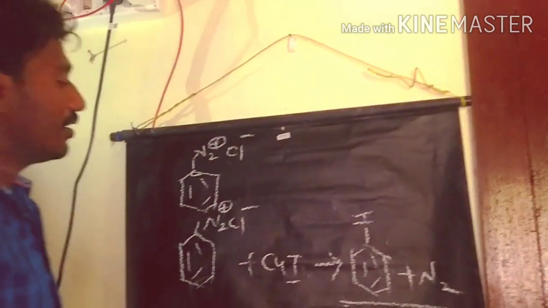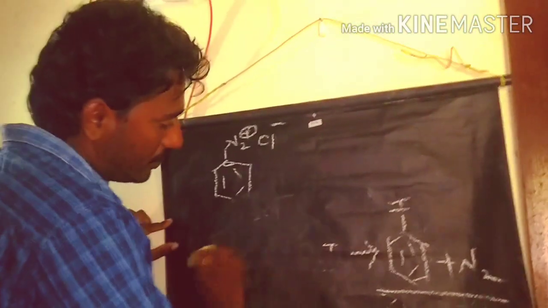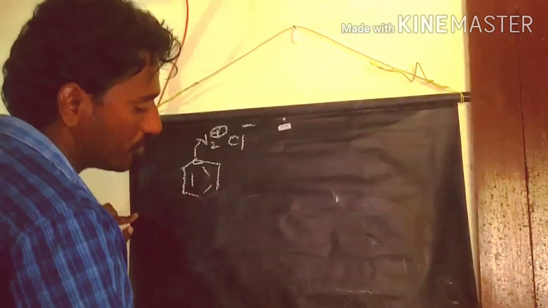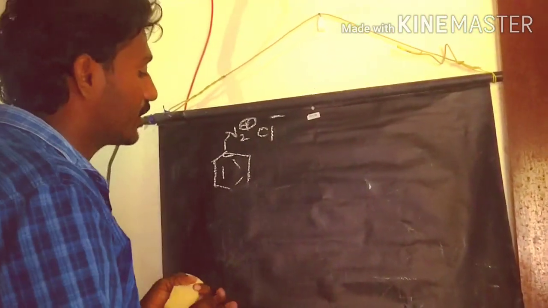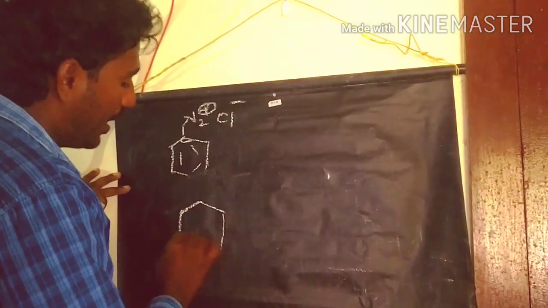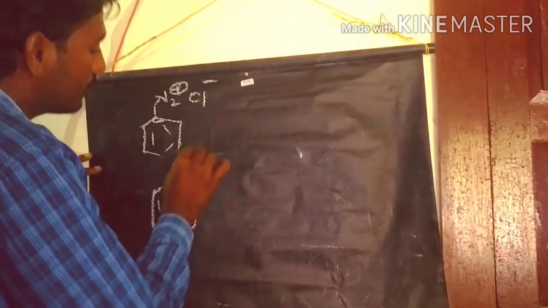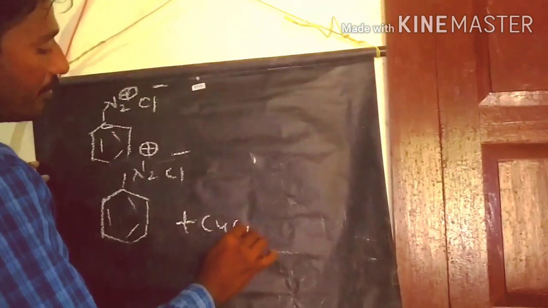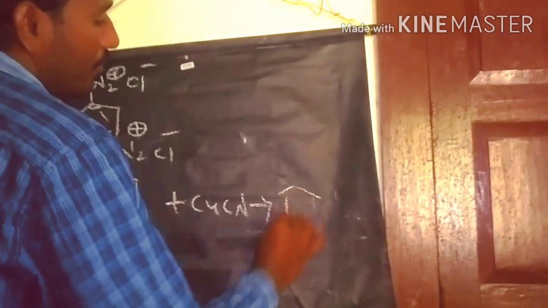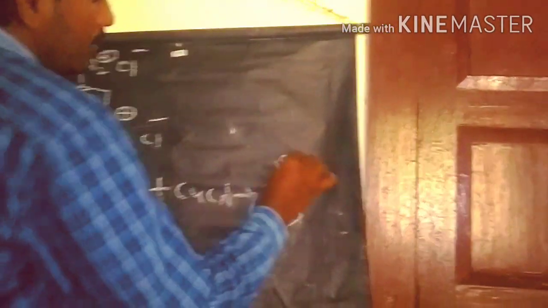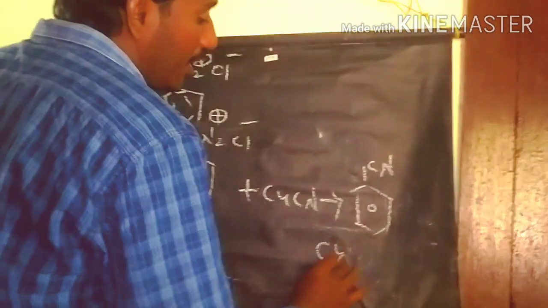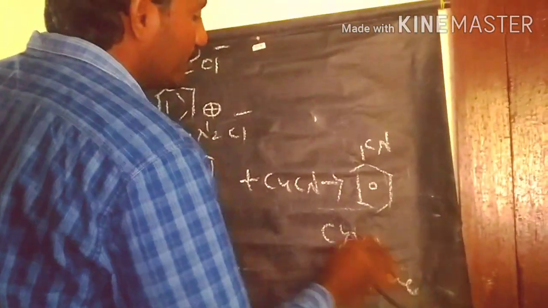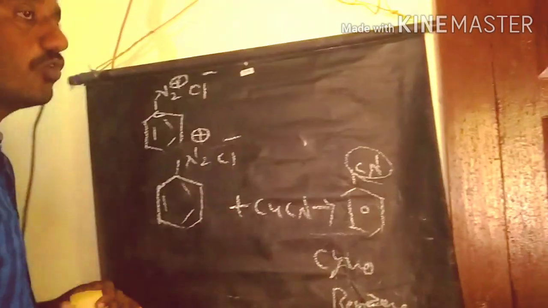If you want to prepare pseudo halogens like cyanide and thiocyanate substitutions on the benzene, the aryl diazonium salt reacts with copper cyanide to give the cyano group on the benzene. This is cyanobenzene, prepared from the Sandmeyer reaction also. This cyanide we call a pseudo halogen.